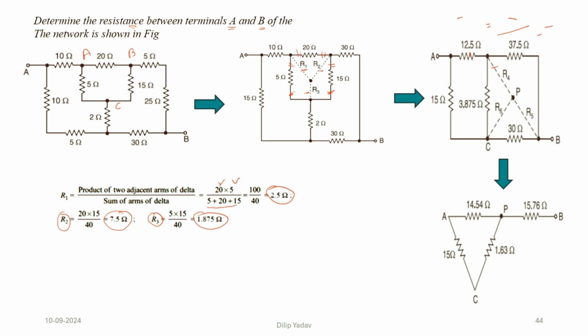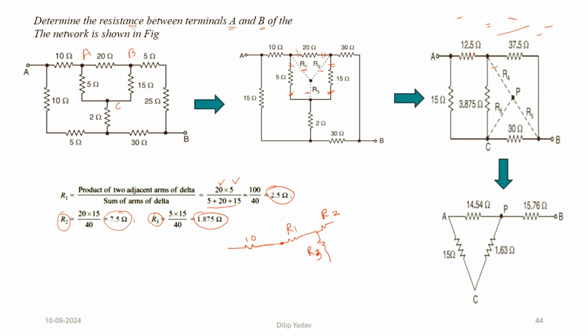Now this 10 and 2. Now we have the circuit like this. This was the 10, and we said that it is a star. In the star, the values are R1, R2 and R3.